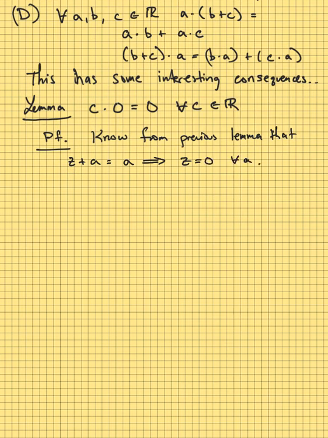Okay? And now what you can think of is that this is going to be a very useful way to show that z is 0. Kind of a strange way to put it, but if you want to show something is 0, well, this gives you the equation to solve.